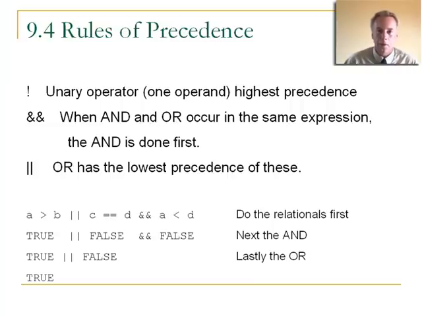This is kind of a tricky problem because for most values of true and false you'll get the same answer. This is one of the few examples where you'll get the wrong answer if you don't know that the and happens before the or when they both appear in an expression.